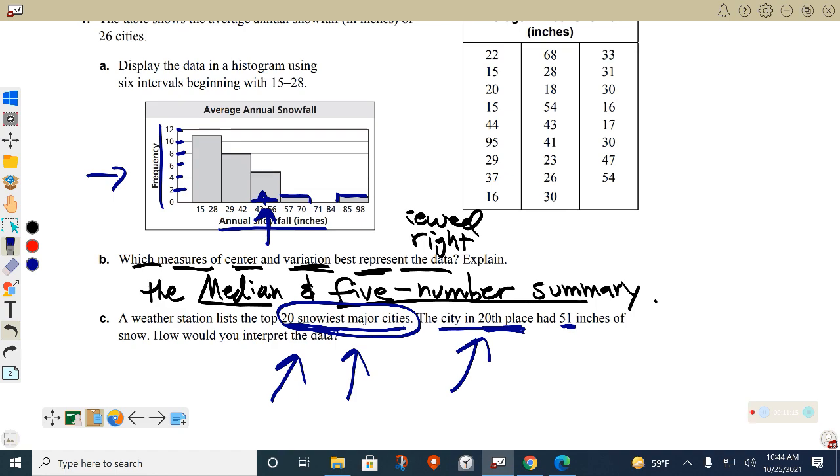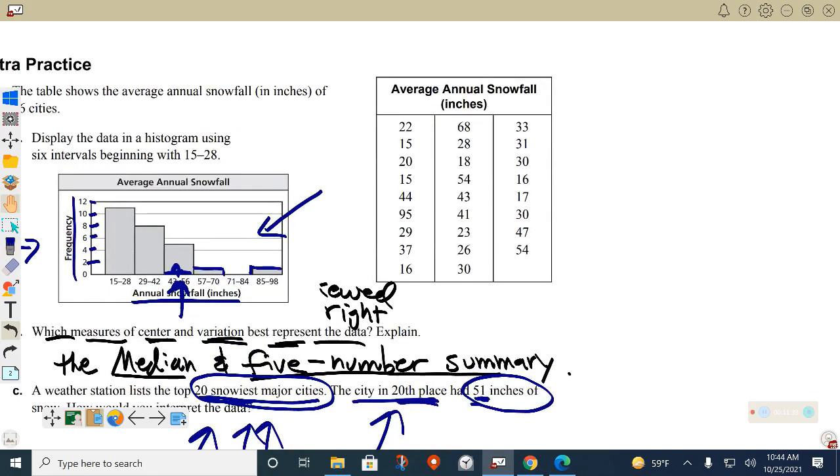Okay? Actually, it's the other way around. This histogram did not have all the cities. If the 20th place had 51 inches of snow, then there are some cities in this table that do not have some of the snowiest cities.